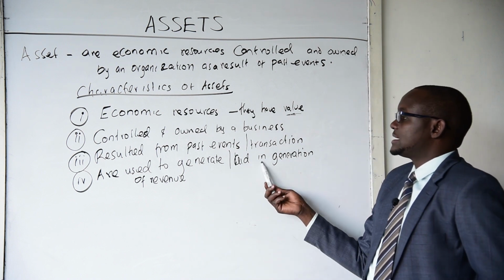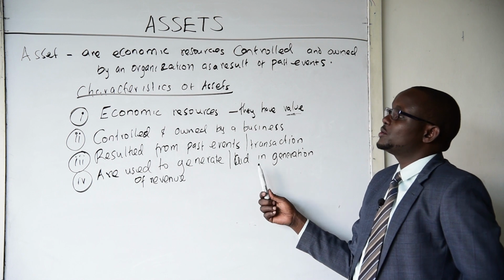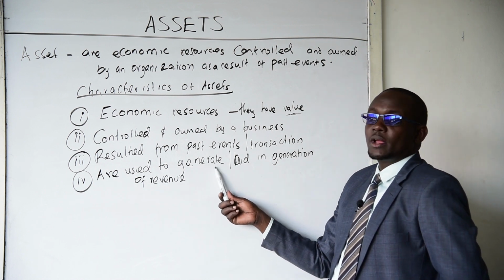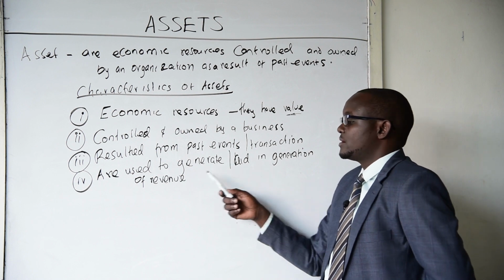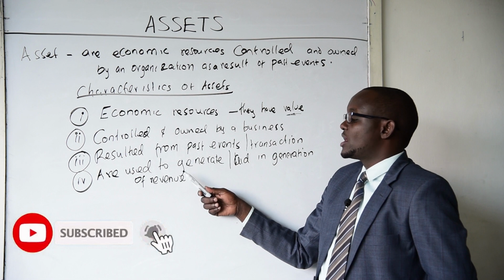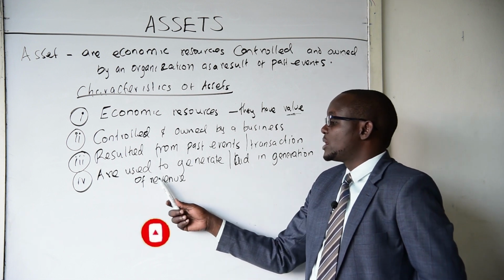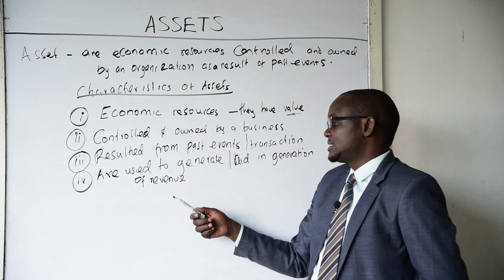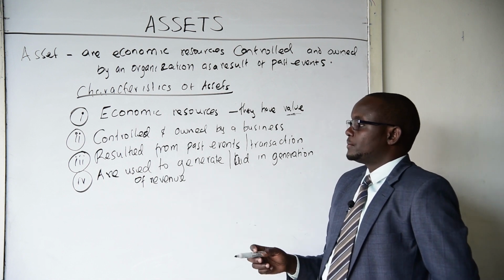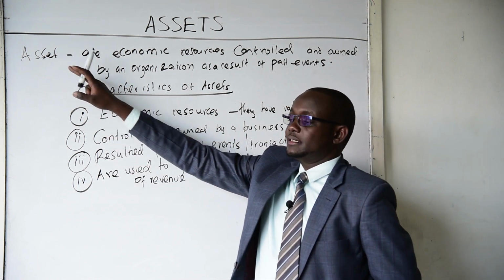So here we mean that any asset you have in the organization will qualify to be an asset if it is being used to help the organization to generate revenue. In other words, the assets are used to help the organization make sales and serve customers. And then we have sales as the income or as the revenue.